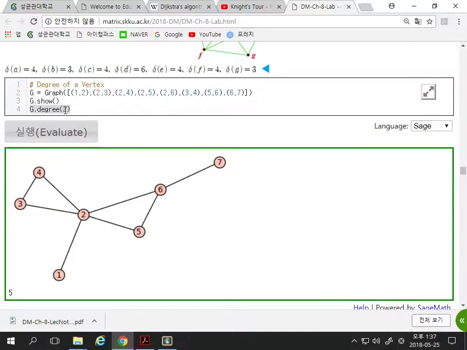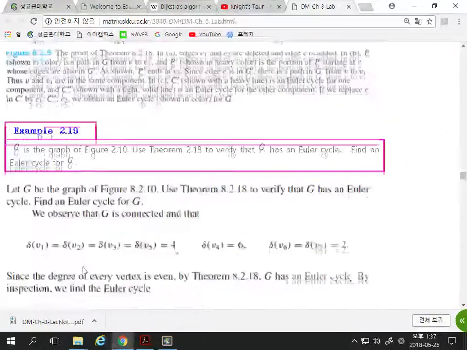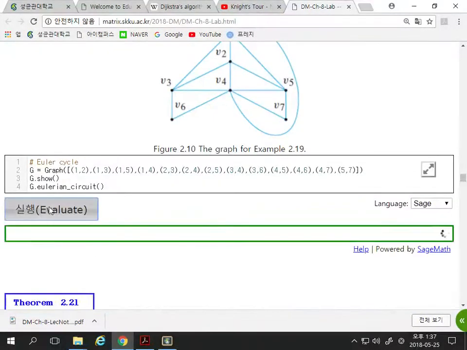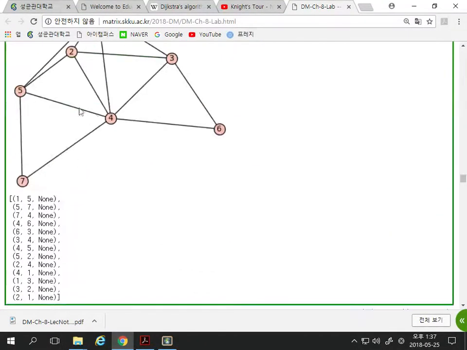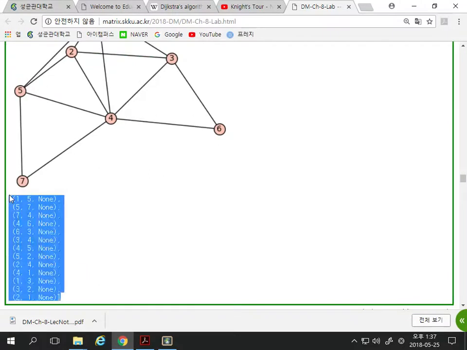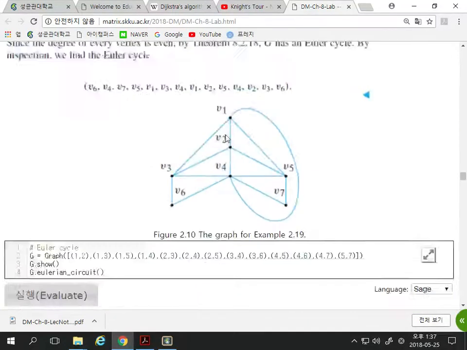So the degree of this vertex is 5 from the definition. And this finds the Eulerian circuit, and this is the Eulerian circuit from this graph.